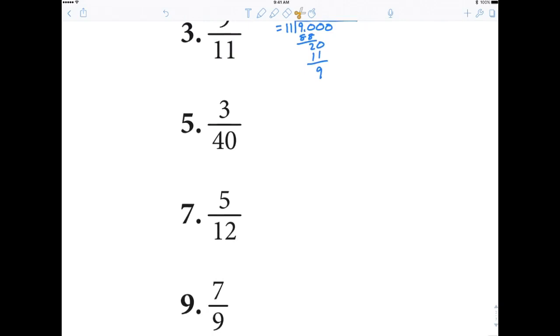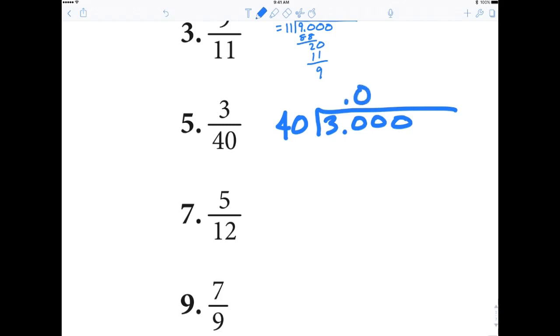Again, we have to do some division here. So let's do 3. 40 goes into 3.000. So does 40 go into 30? No. So you have to put a 0. That's where the mistake is made right there. Most people forget to put a 0 there, okay?